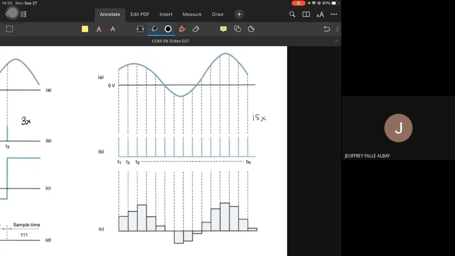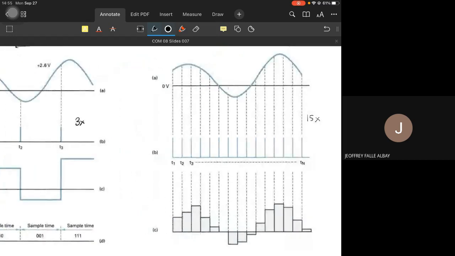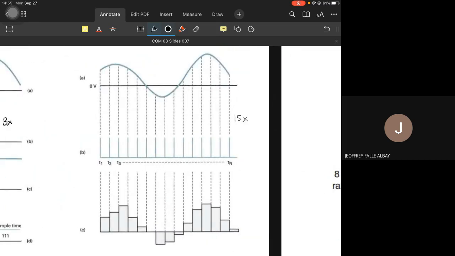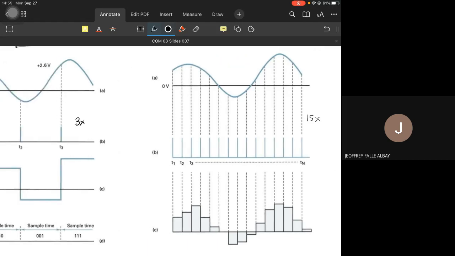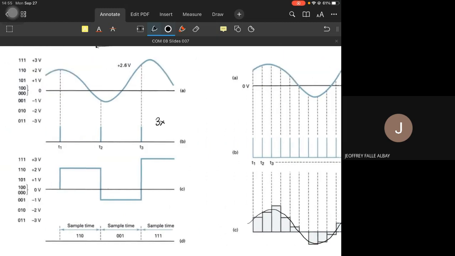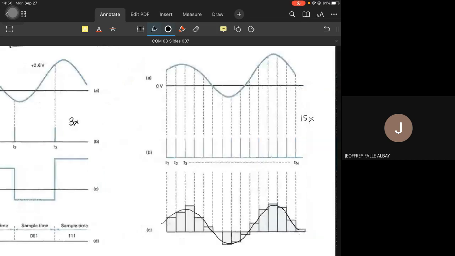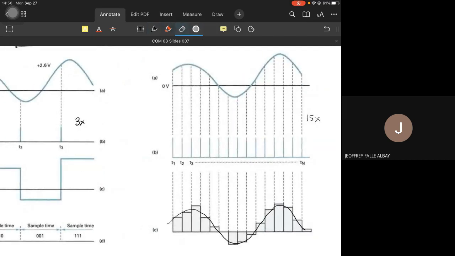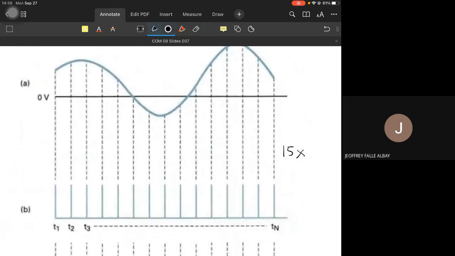We can imagine our input signal better here than there. Of course we can still make it out, but it is far off, okay? It's not totally accurate, unlike here. So I guess you'd agree that the more samples we take per time period, the better, no?